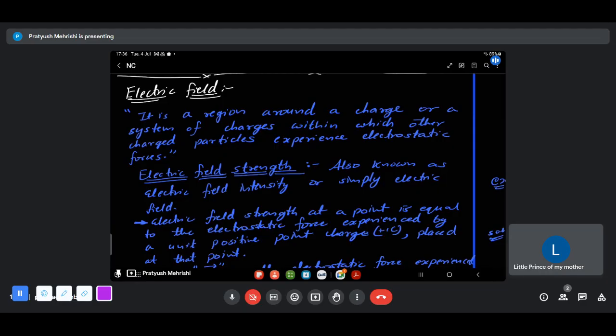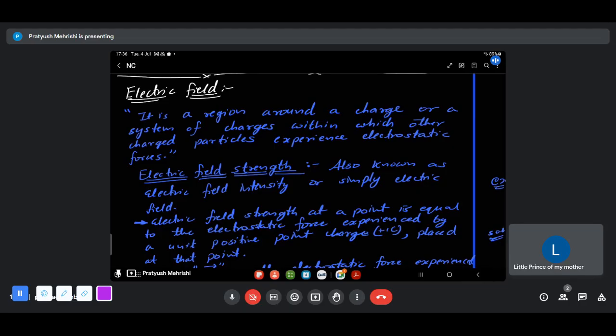It is also called electric field intensity or simply, mathematically, electric field. That's it. At any point, the electric field strength will be equal to the force experienced by 1 coulomb charge.